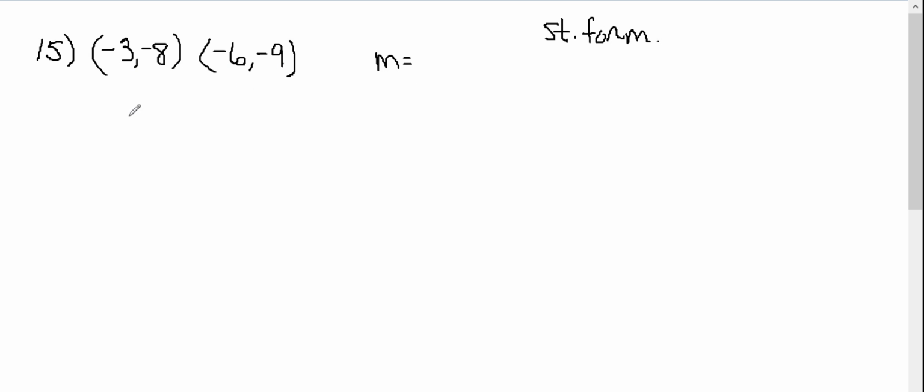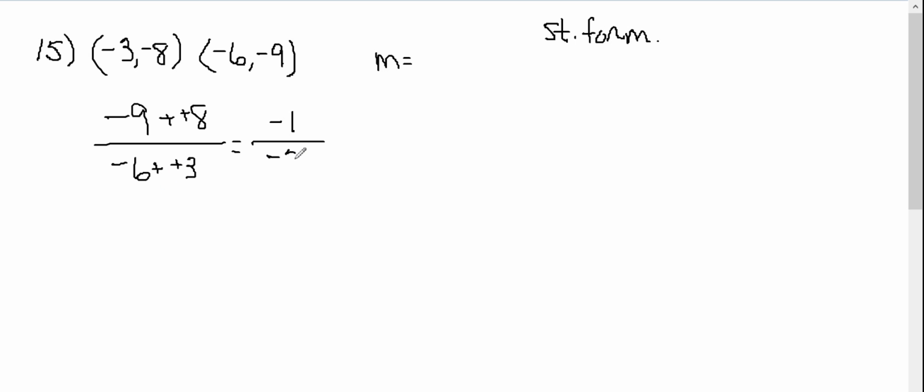So it's going to be negative 9 minus negative 8 over negative 6 minus negative 3. Okay, so I got negative 9 plus 8, which is negative 1, over negative 6 plus 3, which is negative 3, which equals 1 over 3.